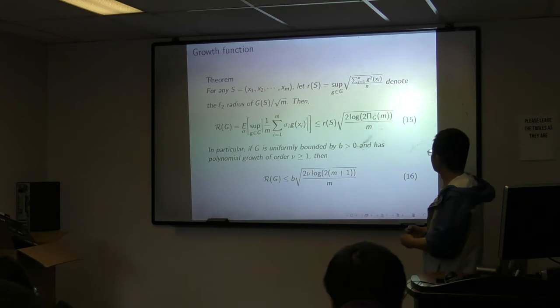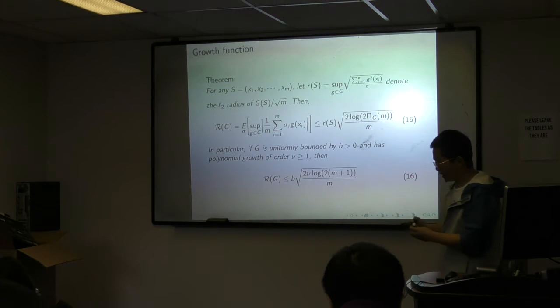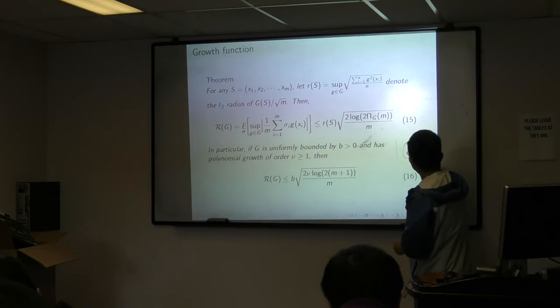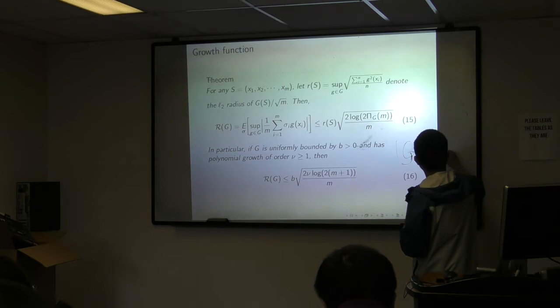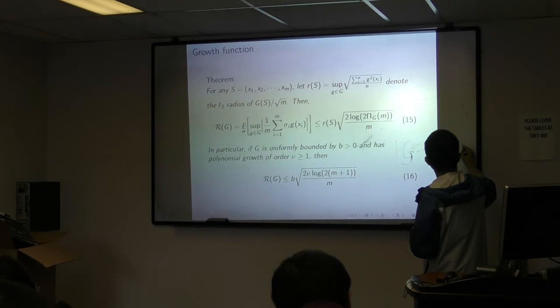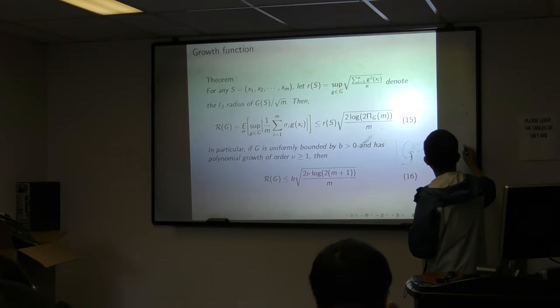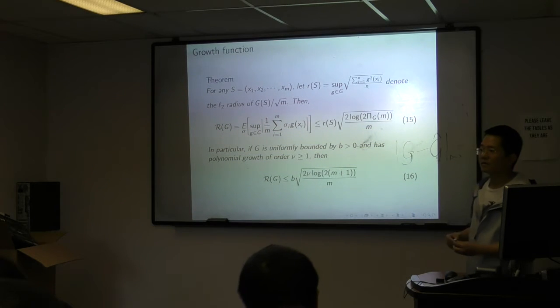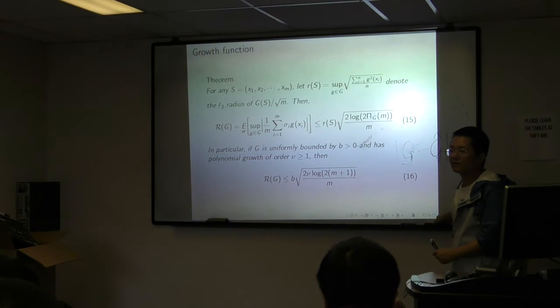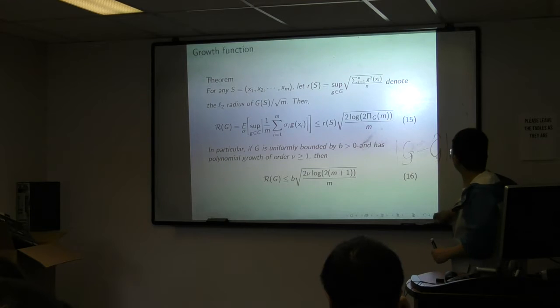Uniformly, that means... Where is this G a family, right? Where do you have the estimate for the family?